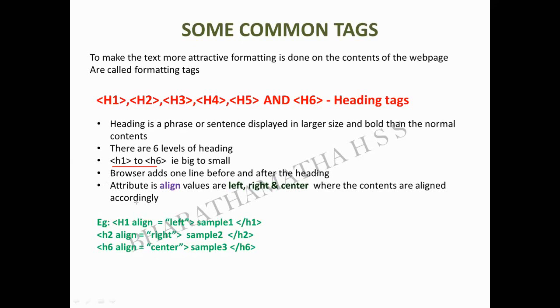Along with this, you have an attribute. Attribute means some extra information or some added properties to that particular tag. So here align is known as your attribute. Alignment means in which position your heading has to be placed.